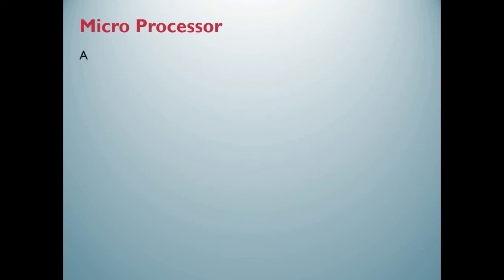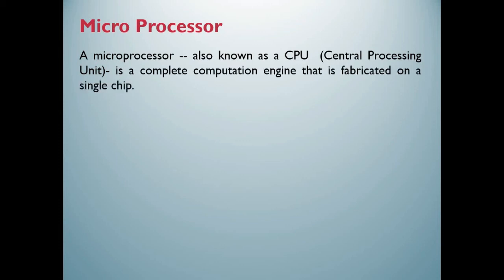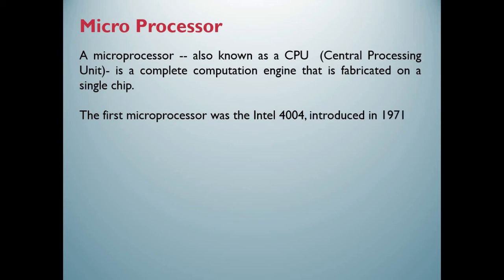So next, coming for microprocessor. A microprocessor, which is also known as a CPU, a central processing unit, is a complete computation engine that is fabricated on a single chip. The first microprocessor was the Intel 4004, introduced in 1971.